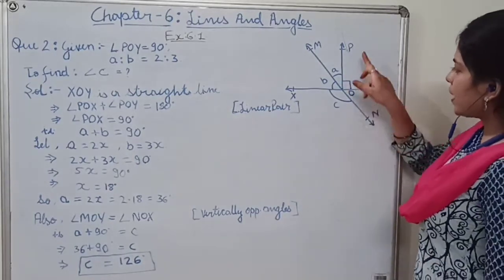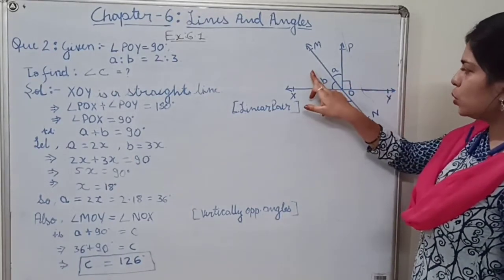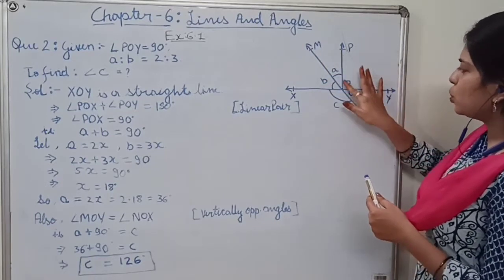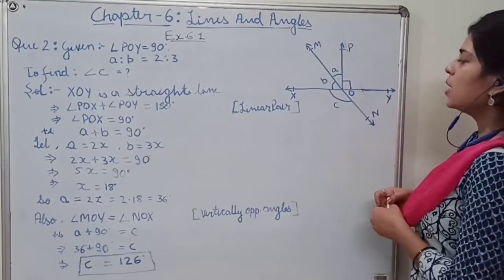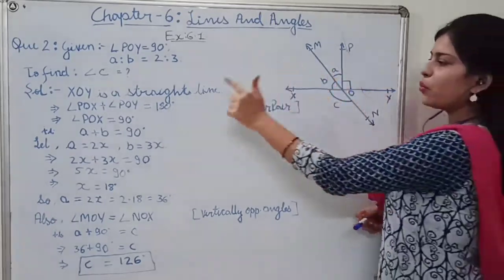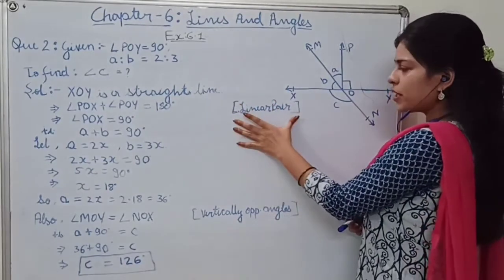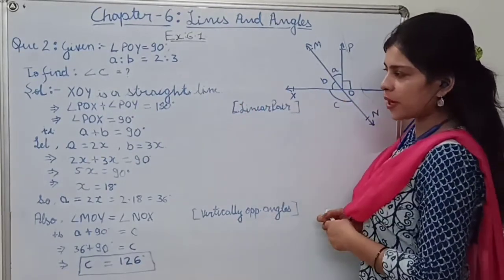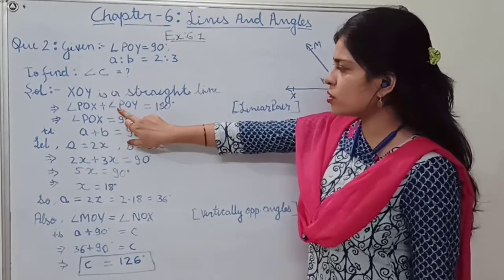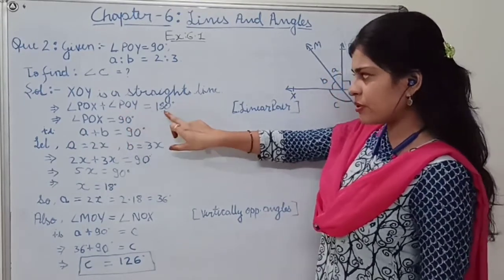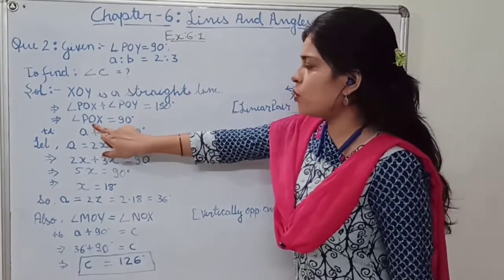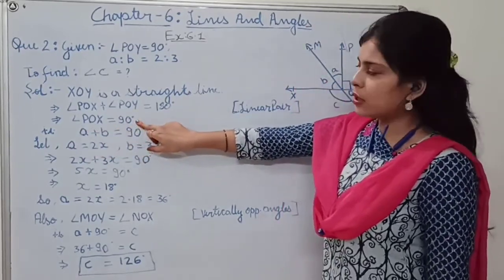Because POY and POX are two adjacent angles lying on the straight line, so their sum will be 180 degrees. This property is the linear pair of angles. We know that angle POY is 90 degrees, so if we transpose this 90 to the RHS, it becomes 180 minus 90. So the value of angle POX equals 90 degrees.